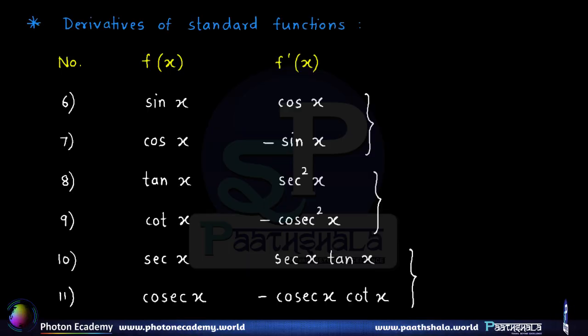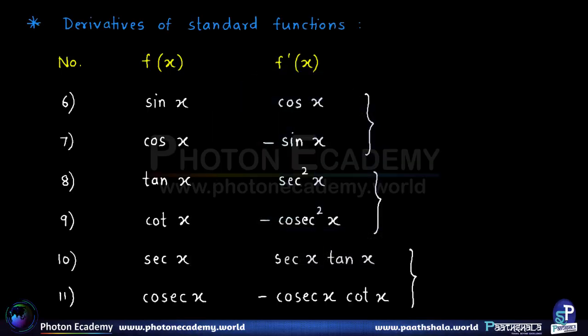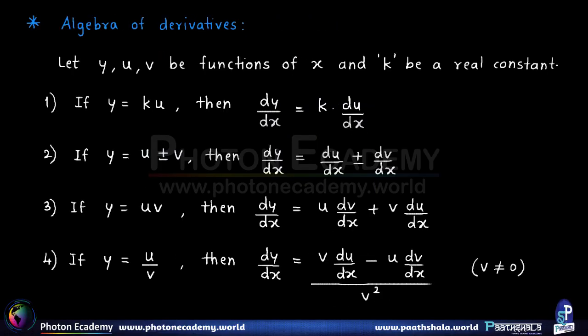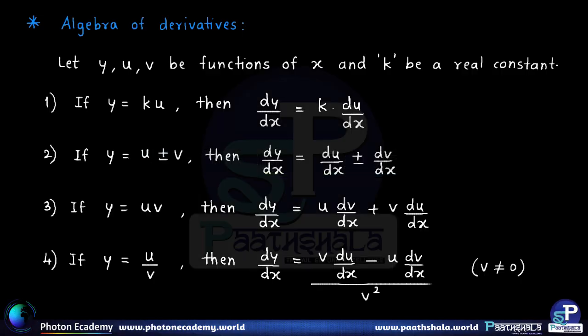Now moving on, we see what is called the algebra of derivatives, that is, how to find the derivative of the sum or difference or product or division of two functions. So let y, u and v be functions of x, and let k be any real constant.